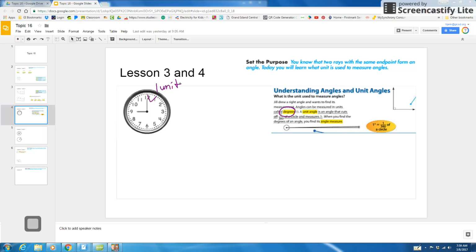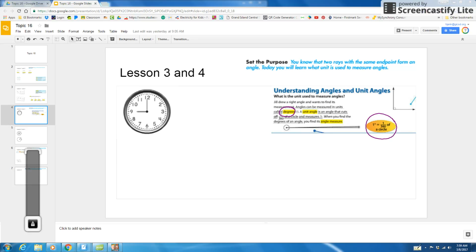We know that our quarter of an hour going around that clock is a 90-degree angle. We know that half of our circle is a 180-degree angle, and we know that our whole circle is 360. So you can use your knowledge and find those angles and their degrees, knowing that 1 degree is equal to 1/360th of a circle.